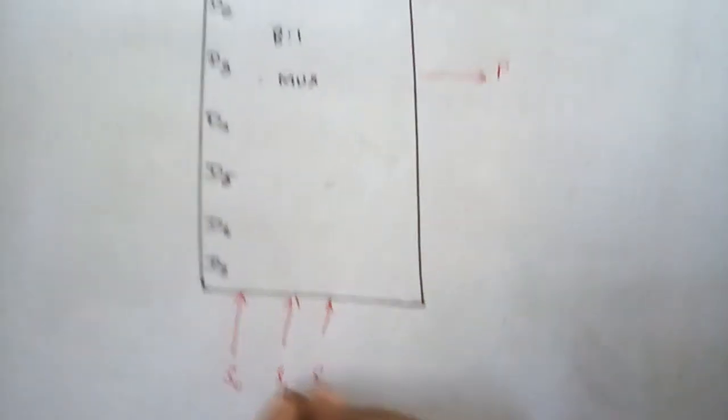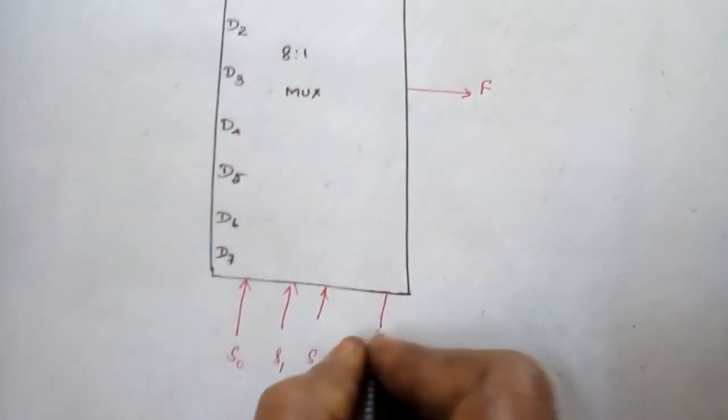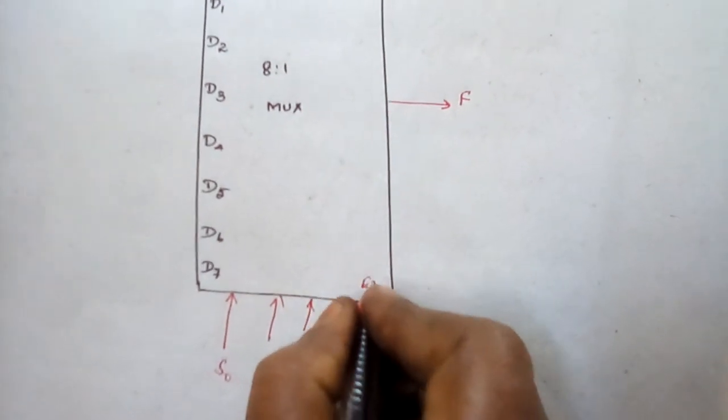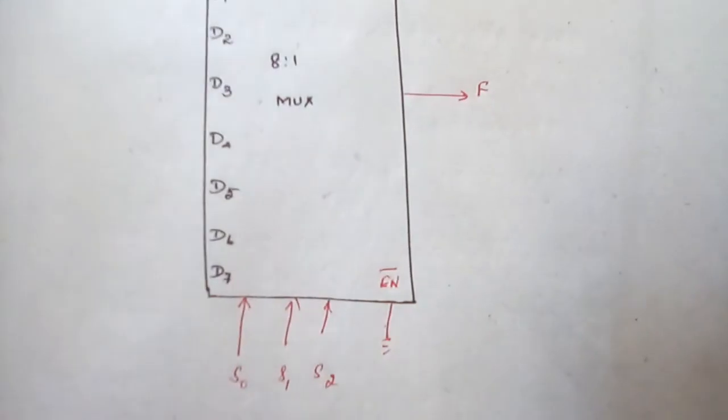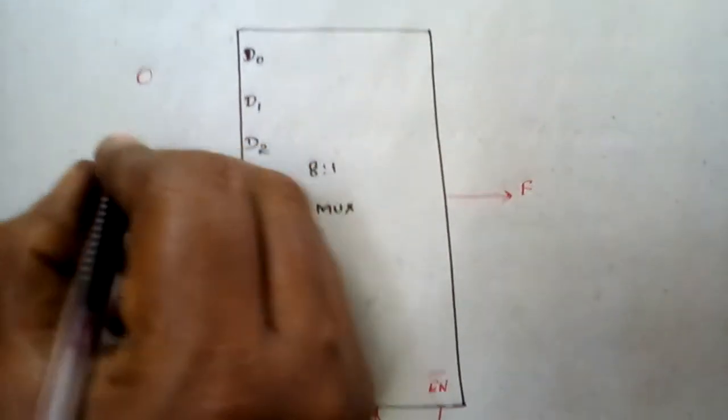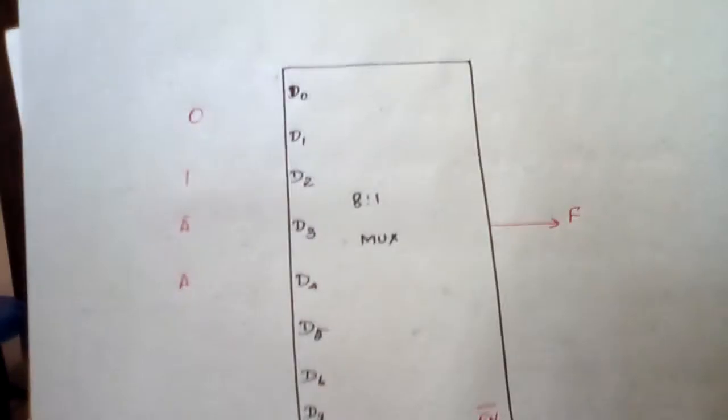I have drawn the select inputs and also I have provided the enable input, okay. And next we need to provide the inputs. The inputs here are 0, 1, A bar and A, okay.